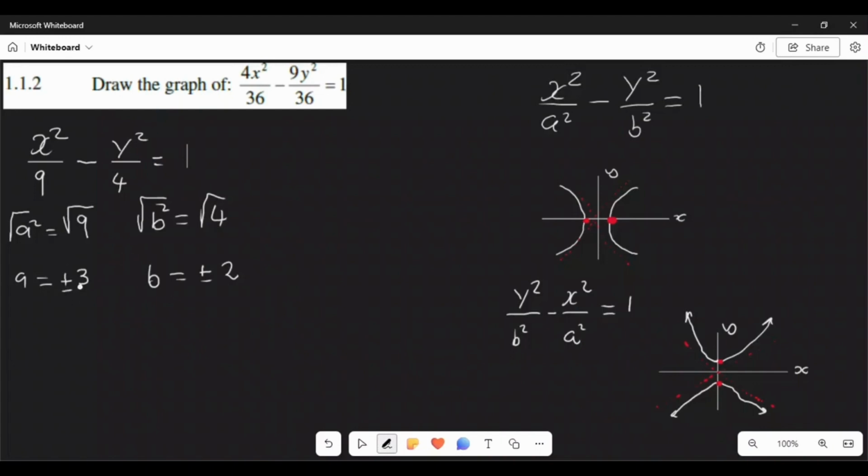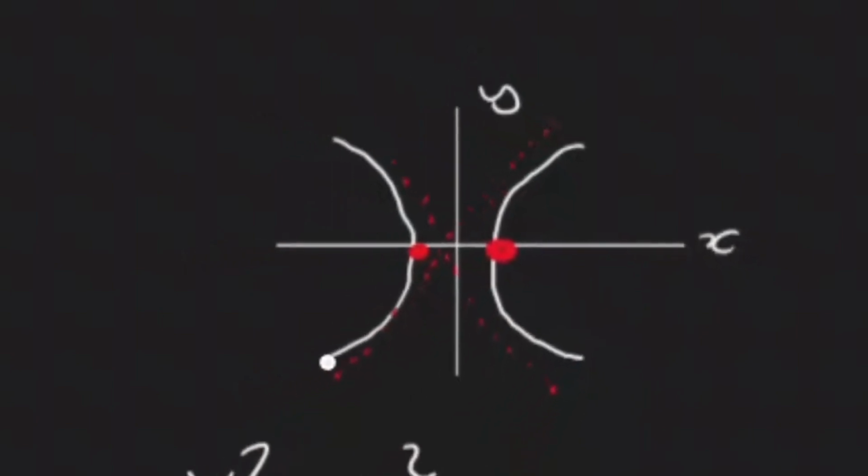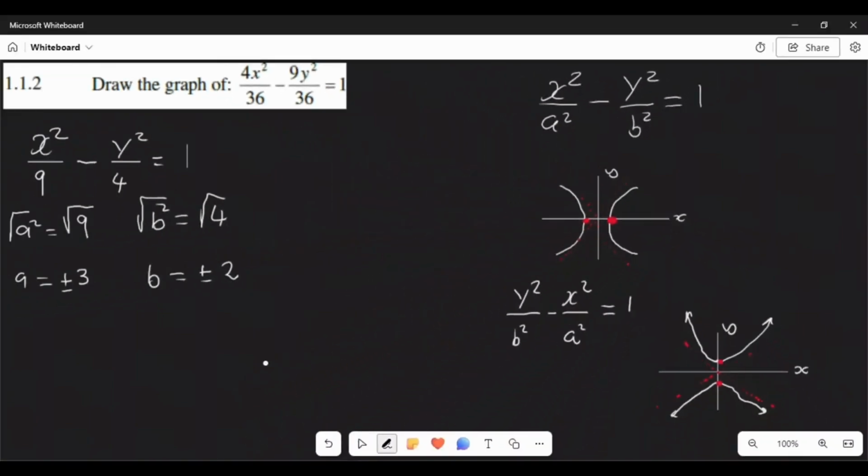So since we know this is going to intercept at x, our graph is going to look like this, meaning this part here is going to be x. But then how do we get these lines here, the lines that our graph is asymptoting at? How do we get them? There is a formula.